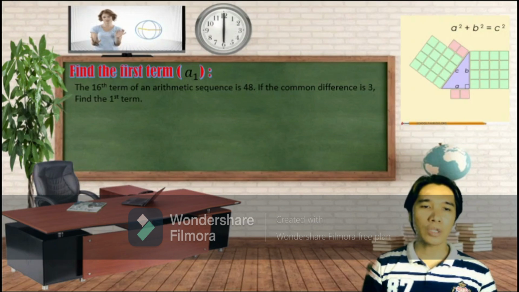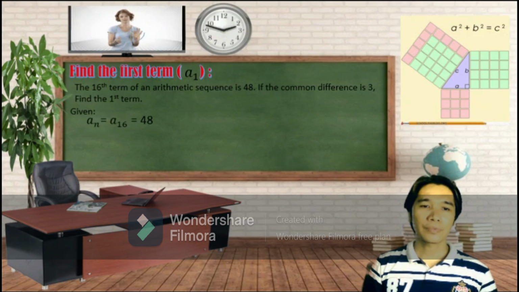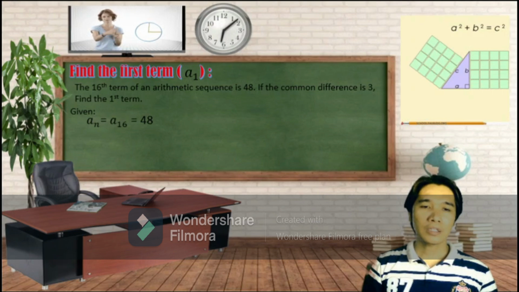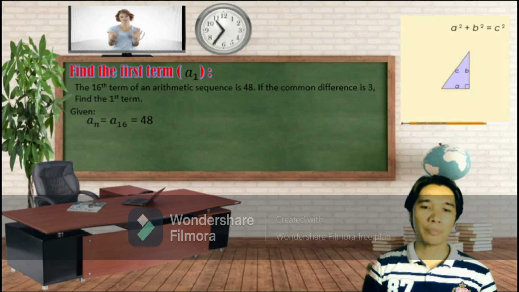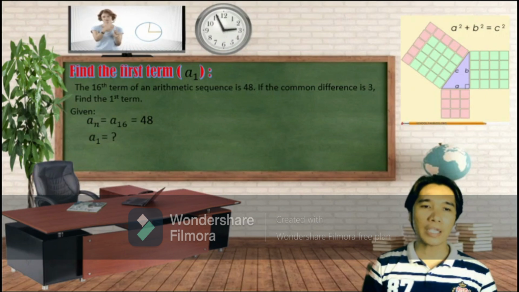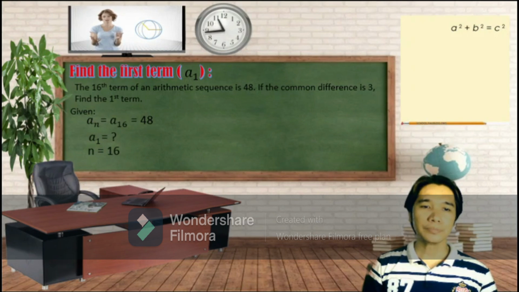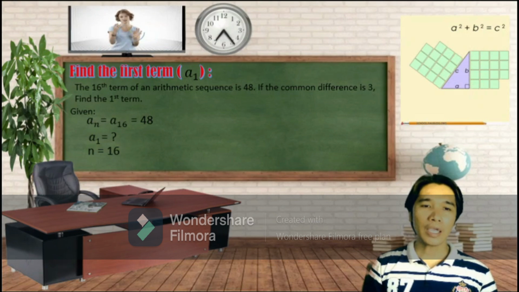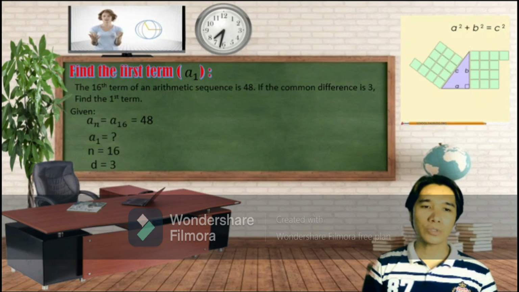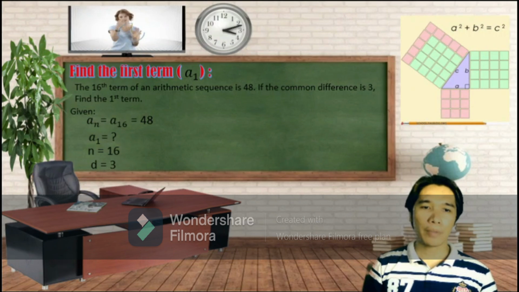First, we are going to list all the givens. a sub n is equal to a sub 16, that is equivalent to 48. That is given in the problem. We have to look for the first term, that is a sub 1. Then we have n is equal to 16. Then the common difference is 3. That is also given in our problem.